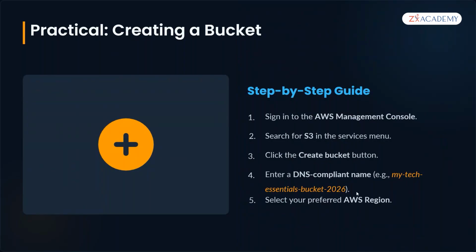Now when it is saying DNS compliant name, there is a naming convention. You should use lowercase. You can use only hyphens in between. You cannot use underscore, or any special character. That is the prerequisite, because the name that you are choosing for your bucket will be used to access your objects, using the object URL.